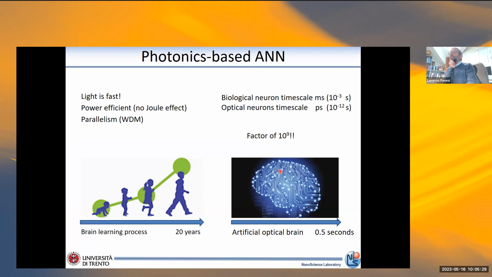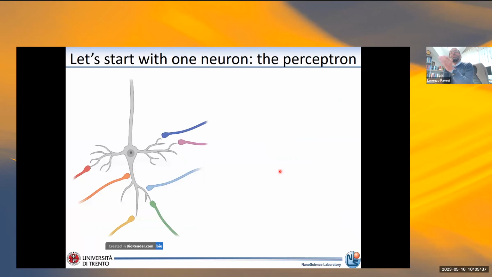But in order to show you an example of a photonic integrated circuit that implements neural networks, I want to go back to the basics. This is a scheme of one of the computational units that we have in our brain, a neuron. This neuron is connected to nearby neurons.